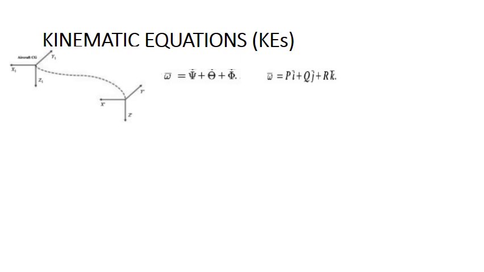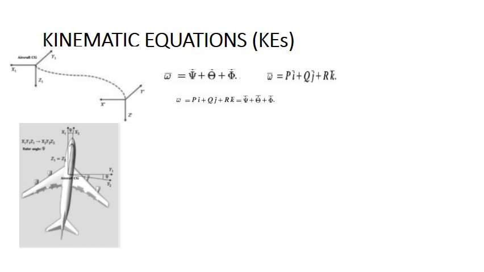We can equate the right hand side of both equations to get omega equal pi plus qj plus rk, and this is equal to psi dot plus theta dot plus phi dot. The purpose of the kinematic equations is to derive an expression for the Euler angles in terms of the components of the aircraft angular velocities p, q, and r.